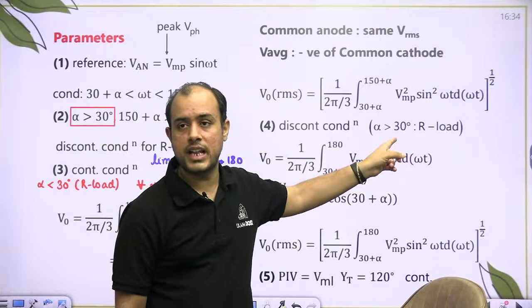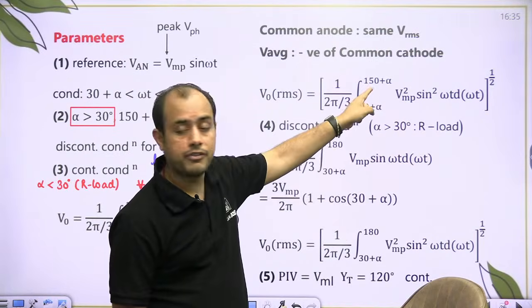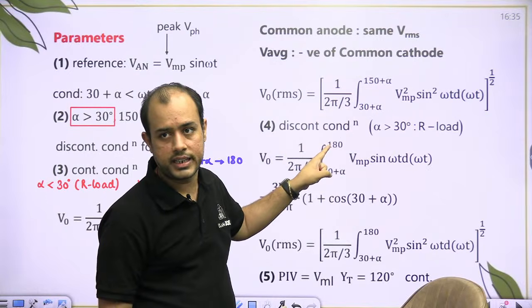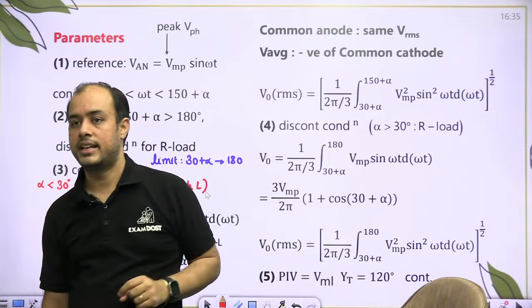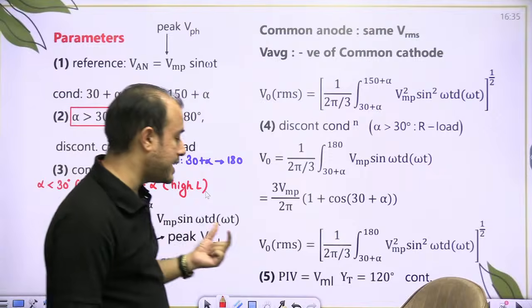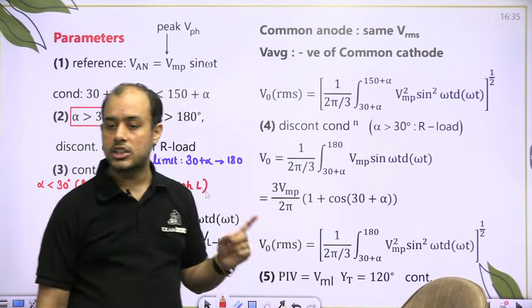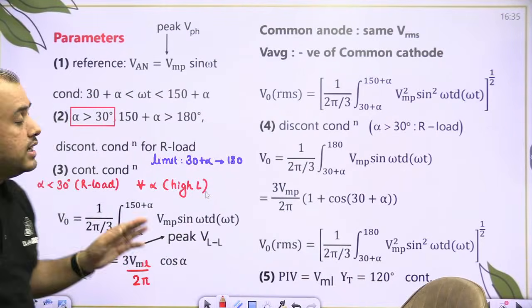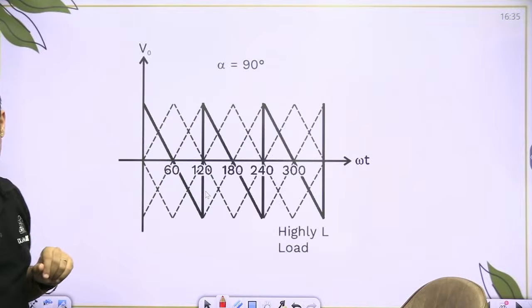This is continuous when alpha is more than 30 for R load. The upper limit instead of 150 plus alpha becomes 180. Logic समझ में आया? So PIV across any thyristor is the maximum line voltage. Thyristor conduction angle is 120 degree for continuous, 150 plus alpha minus 30 plus alpha.